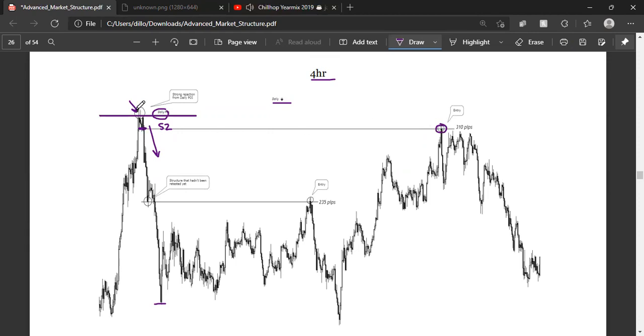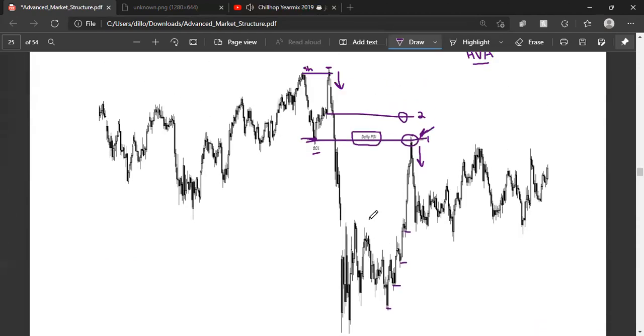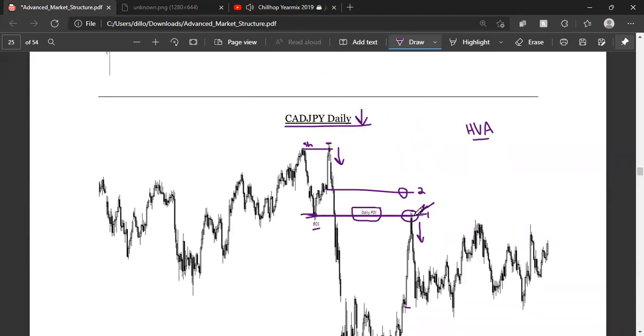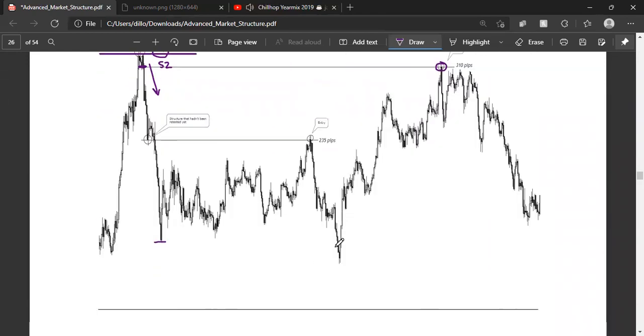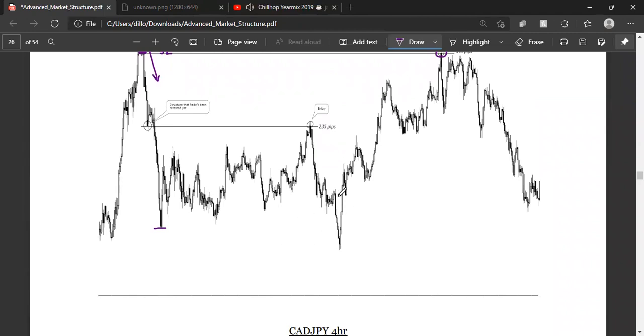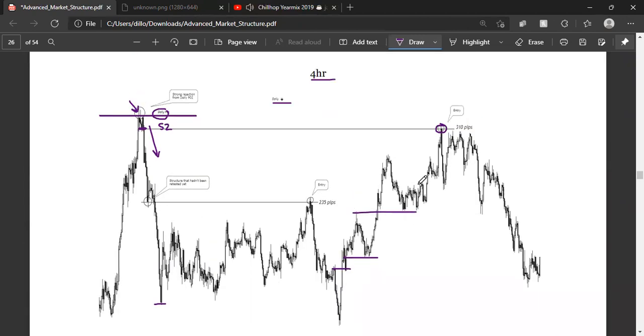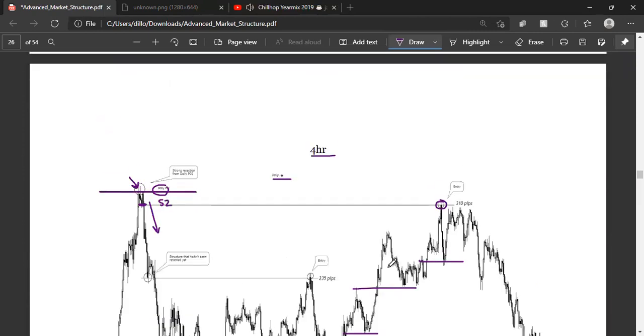So we waited for the daily point of interest rejection, and then we waited for the retracement, which if you look here, price started respecting bullish order flow up into this point of interest, right?